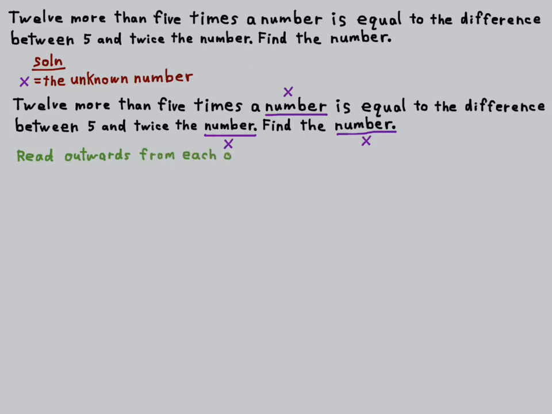All right, now read outwards from each occurrence of the variable x. Well, except for the last one, find the number x. Yeah, okay, find the number x. That's pretty clear, right? So let's start with the first x. It says 12 more than 5 times a number.